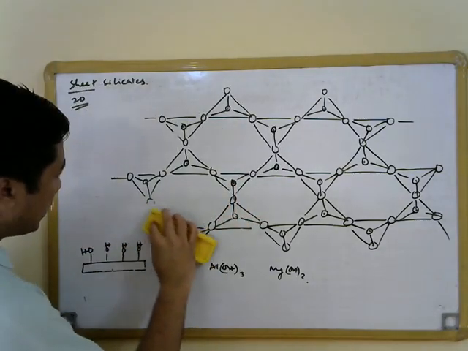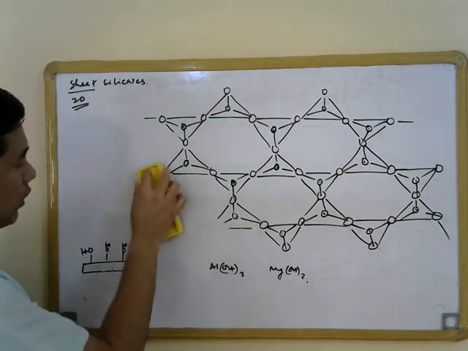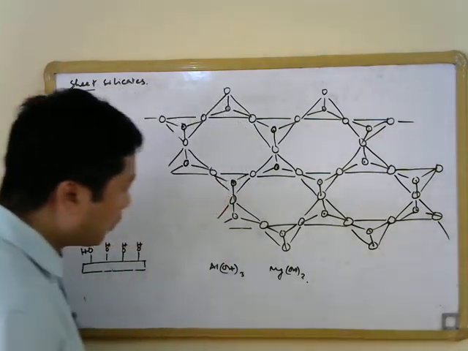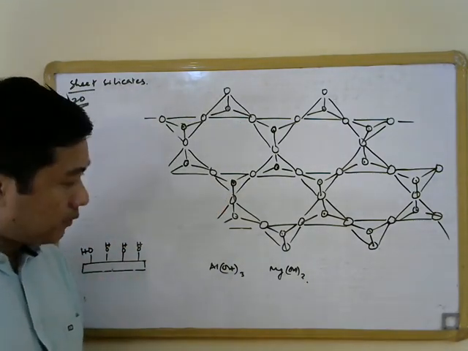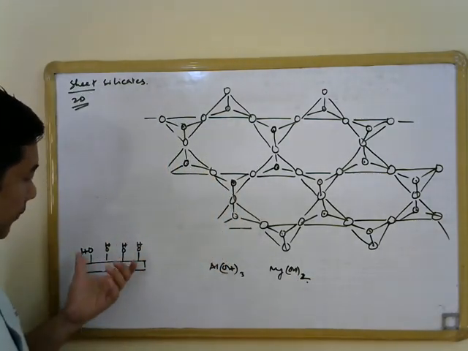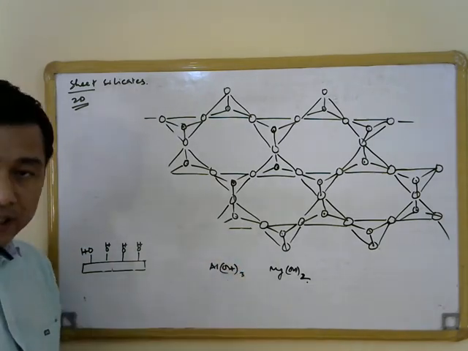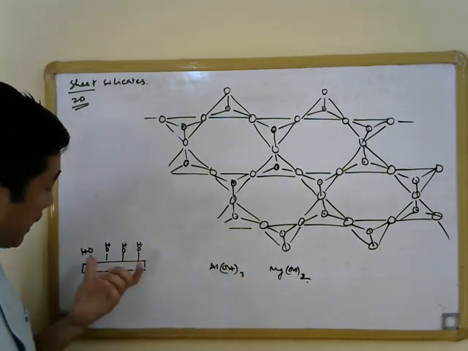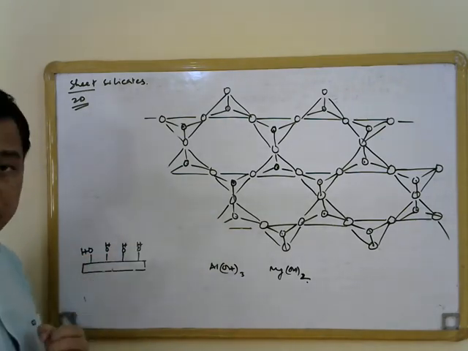And if we look at the spatial arrangement of the OH groups in the layered structure of Al(OH)3 or Mg(OH)2, we will see that 2/3 of the OH groups in aluminum hydroxide or magnesium hydroxide have essentially the same arrangement as the OH groups present in this sheet silicate structure.